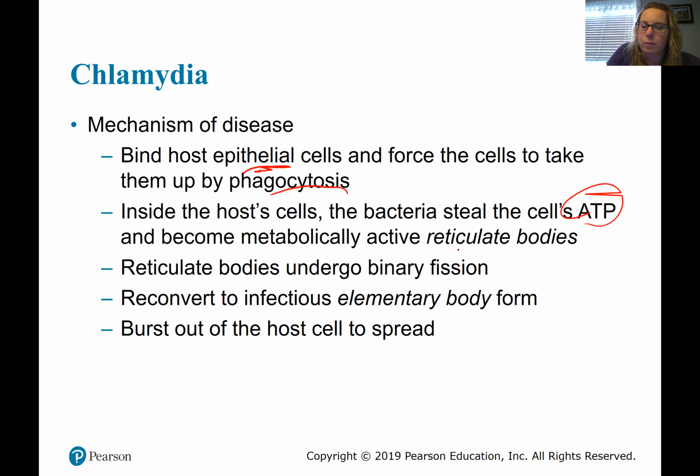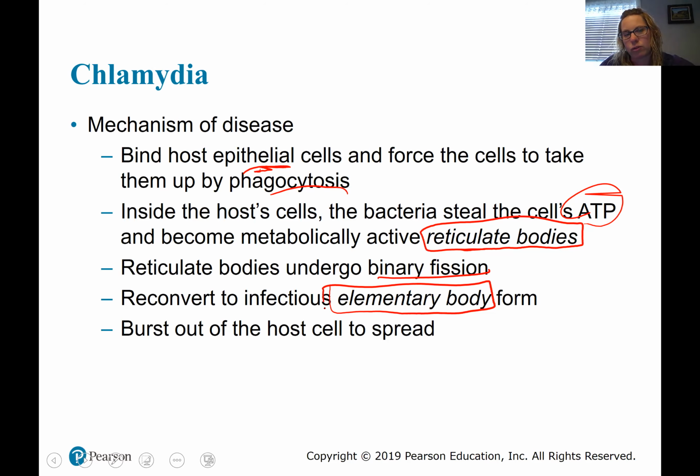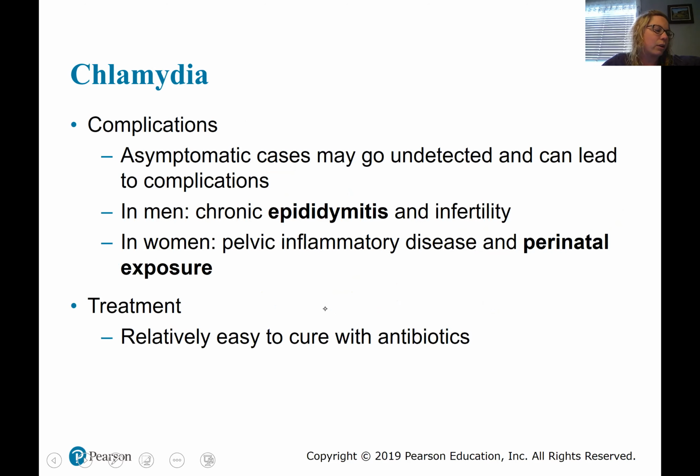And then these cells will become reticulate bodies, which is just a phase of their life cycle. They'll start reproducing, and then they'll go back to what's called an elementary body form to spread to the next individual. I'm not going to test you on it, but if you're interested in looking at that, there's a diagram in your textbook about their life cycle.